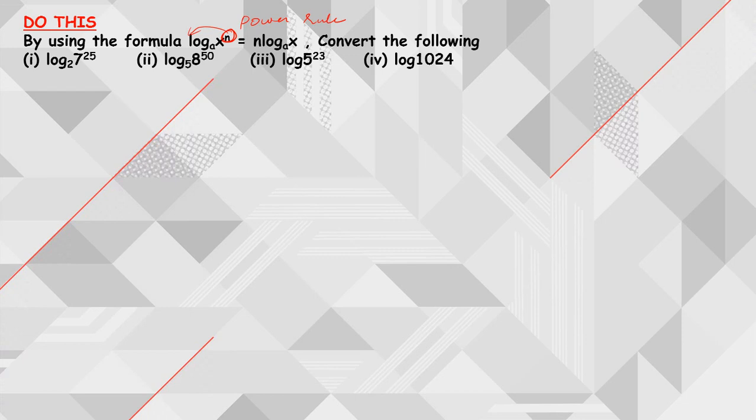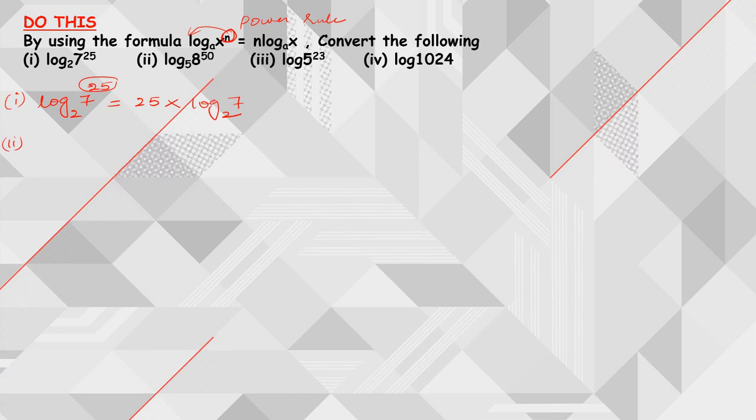From question number 1, I can write log of 7 power 25 to the base 2. This power will jump to the front as multiplication, so I can write this as 25 into log of 7 to the base 2.